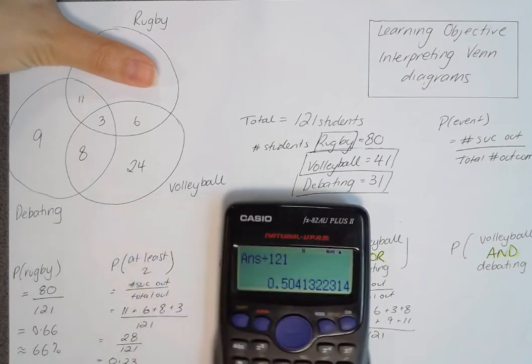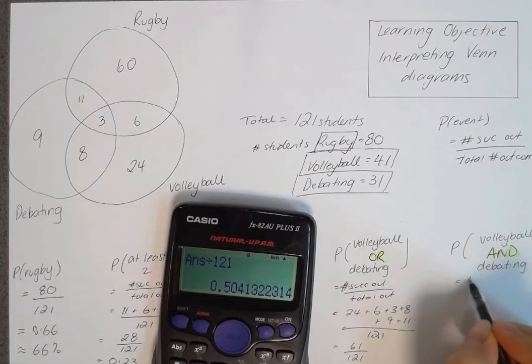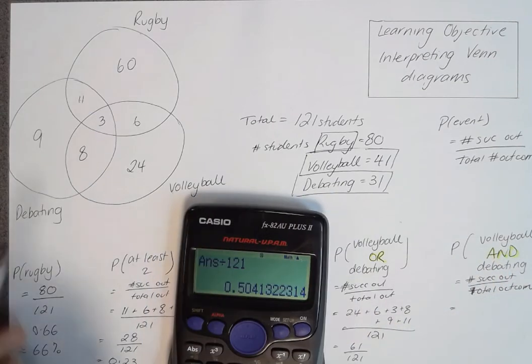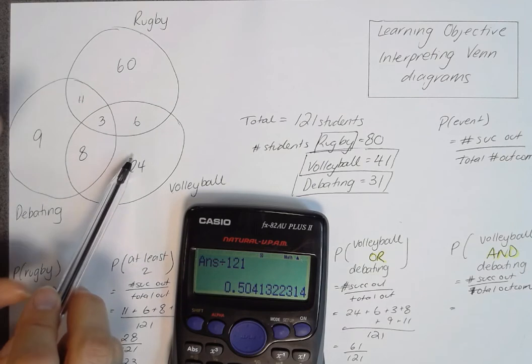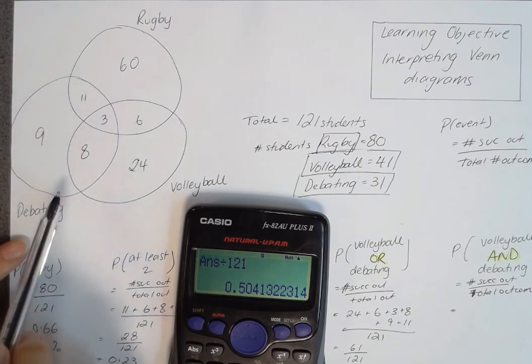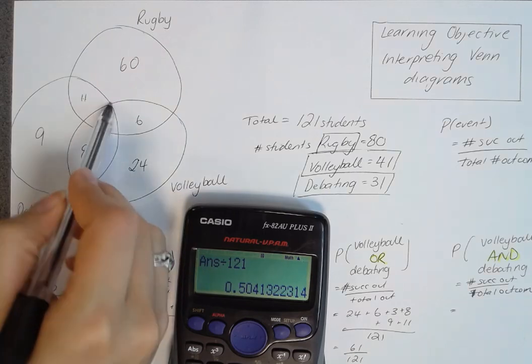Okay, now let's move across to this one because we are looking for successful outcomes of people who played volleyball and did debating. It's not or anymore, it's and. They have to have done both. So volleyball and debating, it's where these two circles intersect, and that happens here, right?